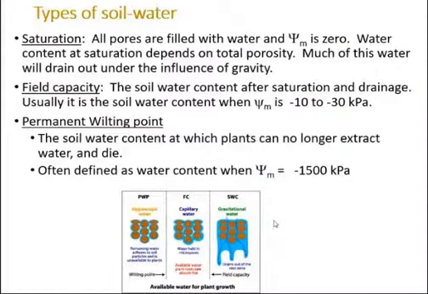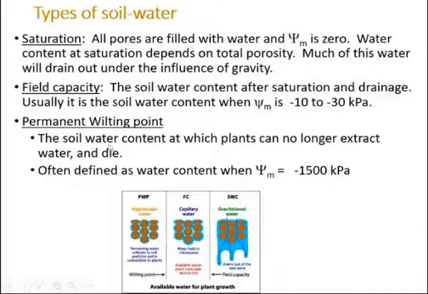Now, what does the retention curve tell us, or what are the applications of the retention curve? To understand the application of the retention curve, we first have to see the types of water content. Basically, there are three different stages of moisture content in the soil: the moisture content at saturation, at field capacity, and at the permanent wilting point.